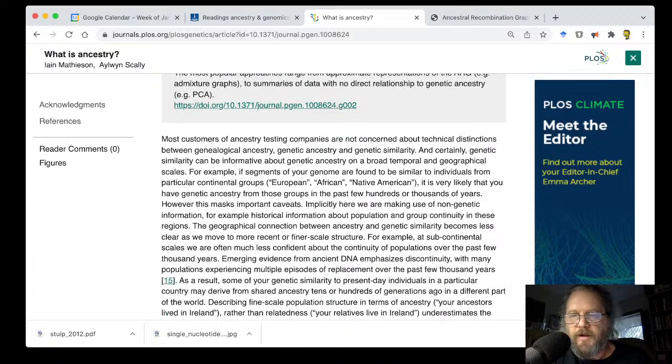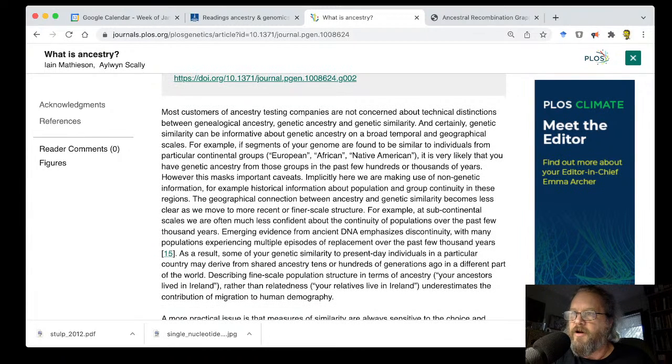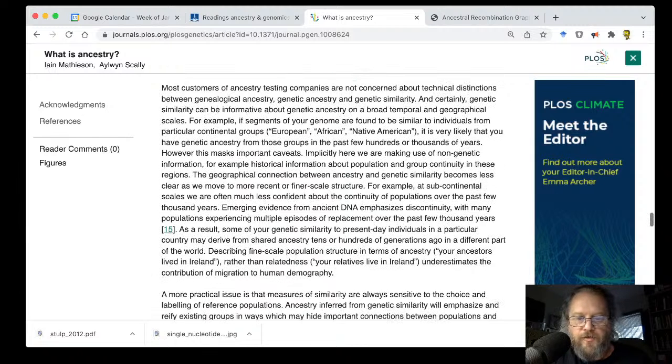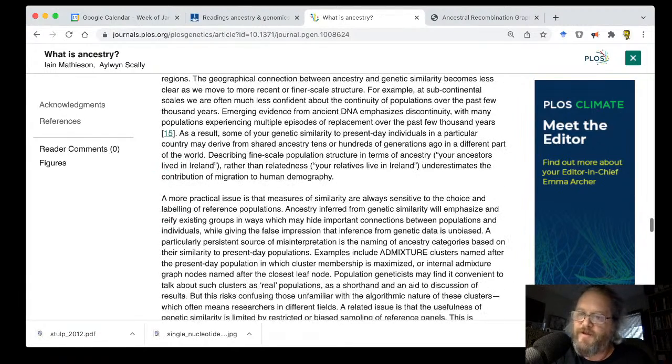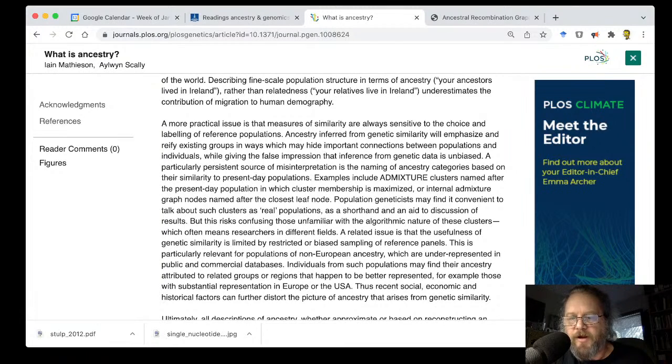The other problem with this is that, of course, we have categories for populations. We'll say things like European or African, Native American, and the thing about that, though, is that those are not necessarily genetic groups. So the way this comes out is we don't actually have specific markers for different populations. So what we're going to end up doing somewhere in here is talking about genetic similarity.